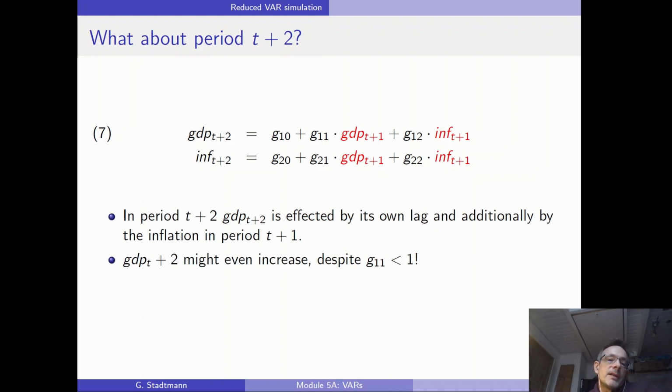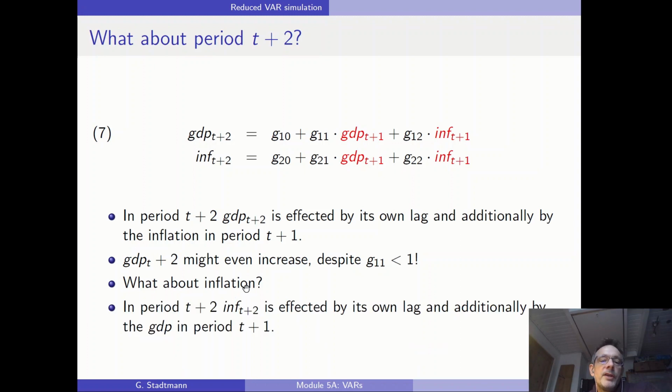So in period t plus 2, GDP in t plus 2 is affected by its own lag and additionally by the inflation in period t plus 1. And therefore, it might be the case that GDP in period t plus 2 might even increase despite the fact that the parameter G11 is smaller than 1. What about inflation? In period t plus 2, inflation is affected by its own lag and additionally by the GDP growth rate in period t plus 1.